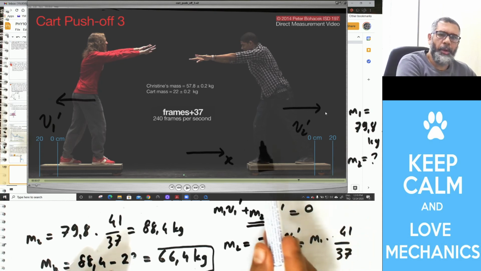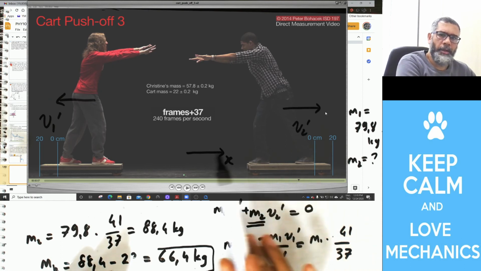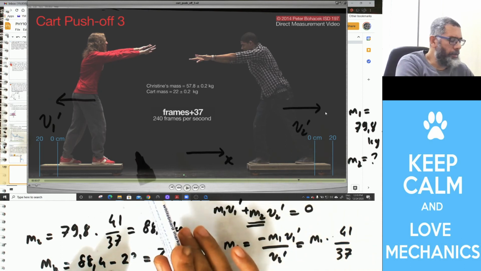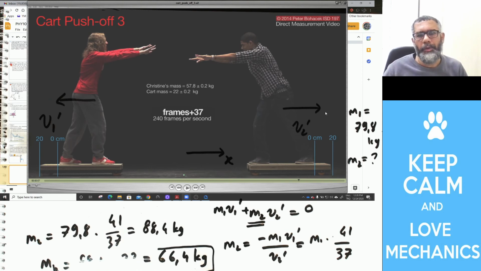That means the boy has a smaller velocity compared to the girl. Okay. So that's it. We found the mass of the boy to be 66.4 kilograms just by using the conservation of momentum law.